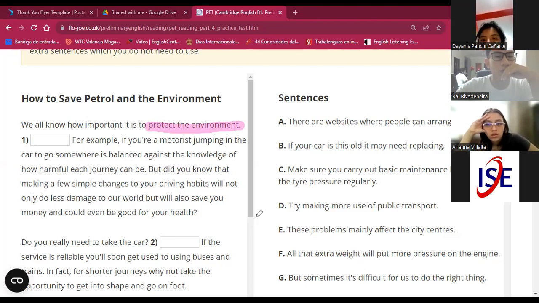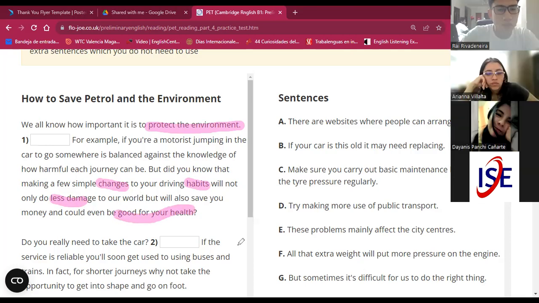Remember, it's skimming. I don't need you to understand every single word, but to recognize the most important ones. Change habits. Less damage. Good for your health.